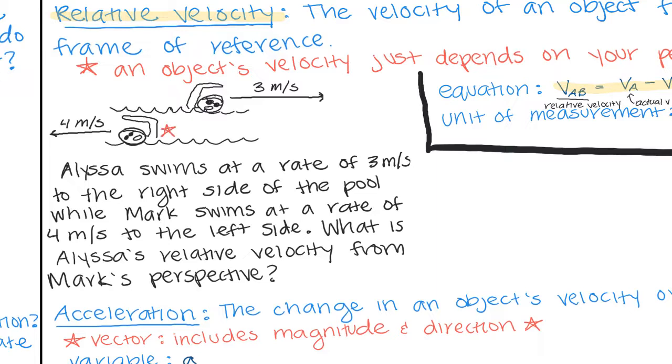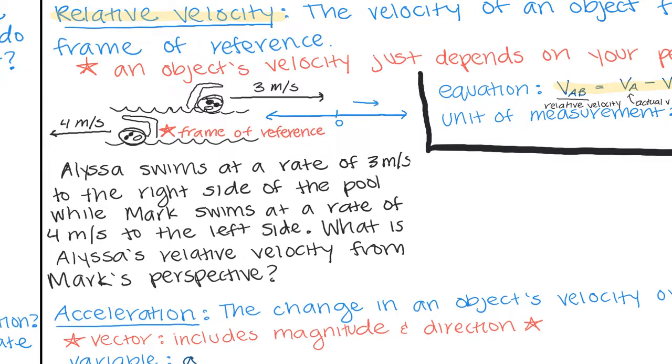So I'm going to put a little star by Mark. This is going to be our frame of reference here. Again, anytime that you all are working with something with direction, so in this case, we are working with velocity, which is a vector, I want you to imagine that there is a number line here, and we've got 0 obviously in the middle of our number line.